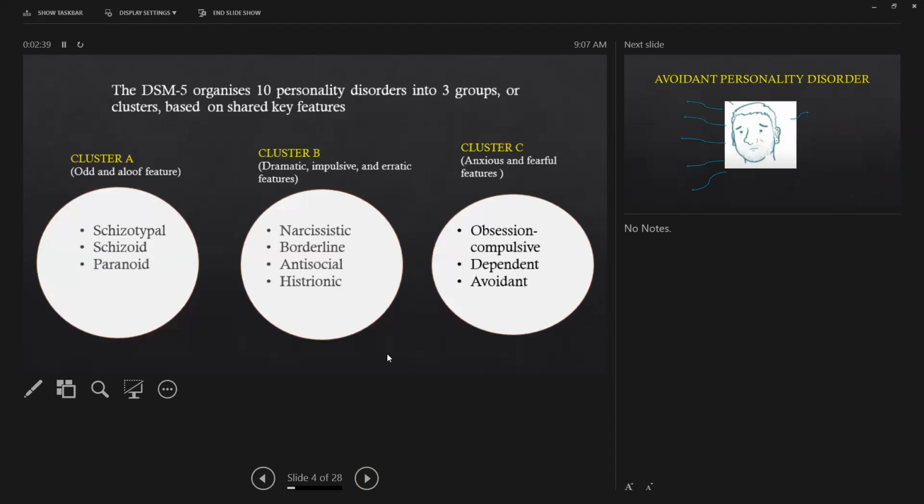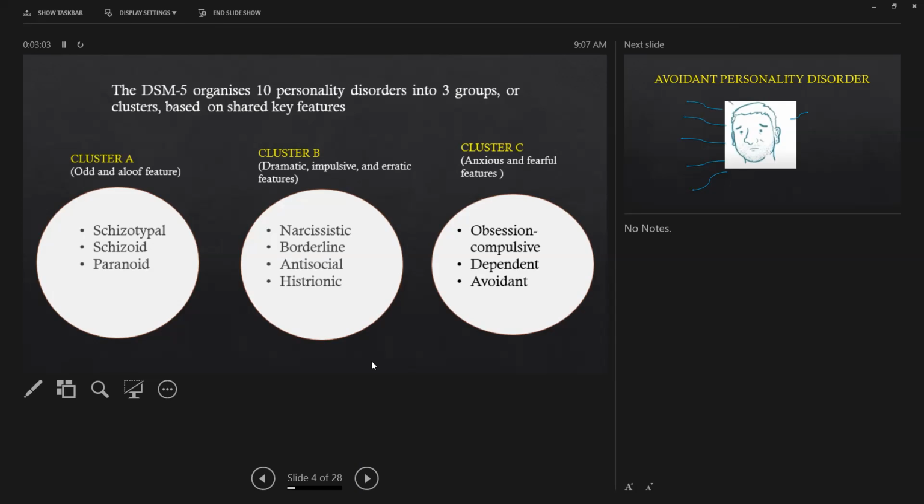DSM-5 organizes 10 personality disorders into 3 groups or clusters based on shared key features, that is cluster A, cluster B, and cluster C. Cluster A is odd and aloof features, including schizotypal, schizoid, and paranoid personality disorder.